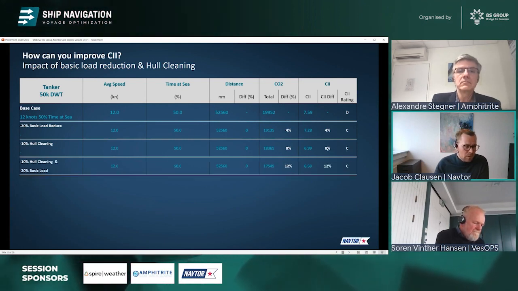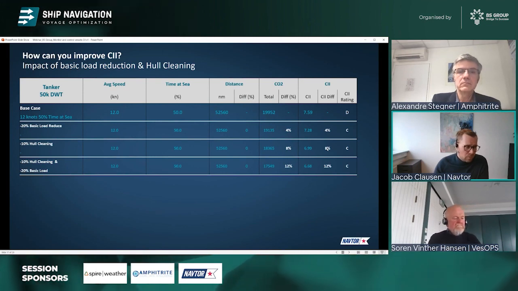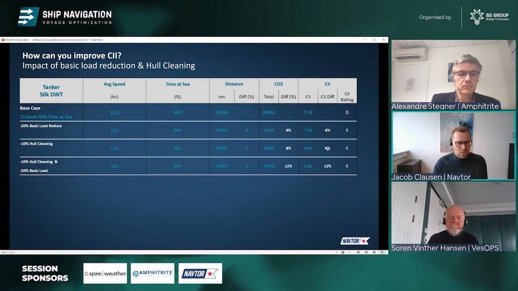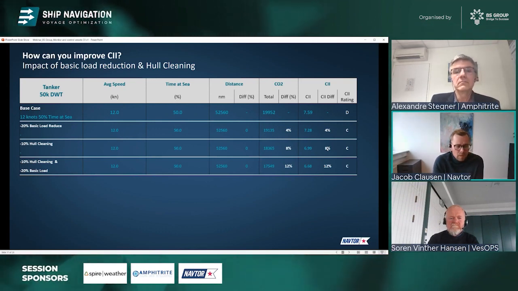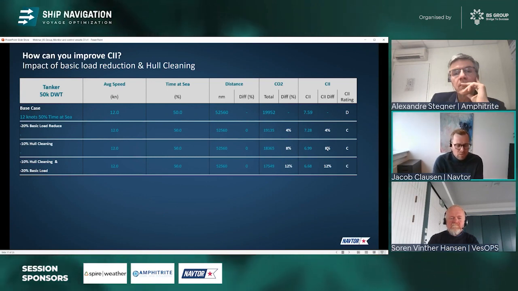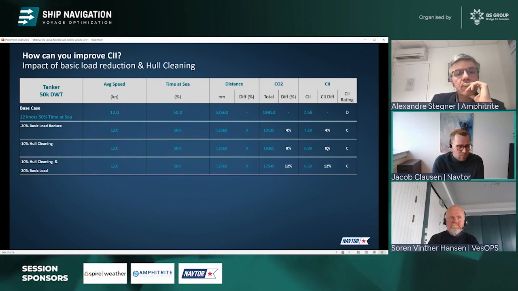Or it could be a combination of doing both: a strategy of improving your hull cleaning strategy, and aiming at basic load reduction. And of course, there are so many measures you can take here. We are looking into a lot of different ones, but these are typically some of the ones that are easy to get started with, and will benefit you more or less every day throughout the year, with a pretty significant impact.